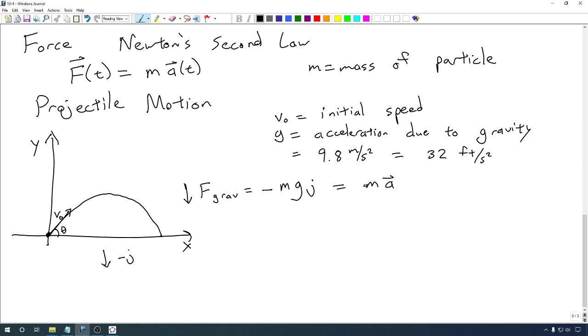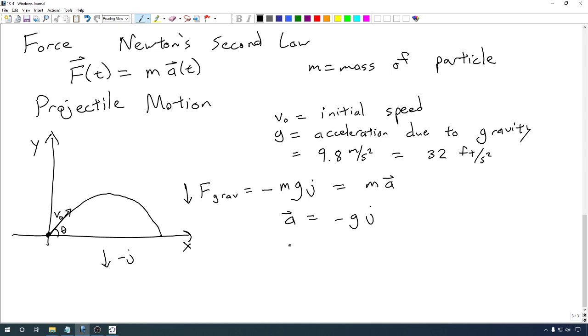And really the mass here was not too important because we are looking at the acceleration. So the acceleration is literally just the acceleration due to gravity in a downwards direction. The important thing is that this is a constant vector.